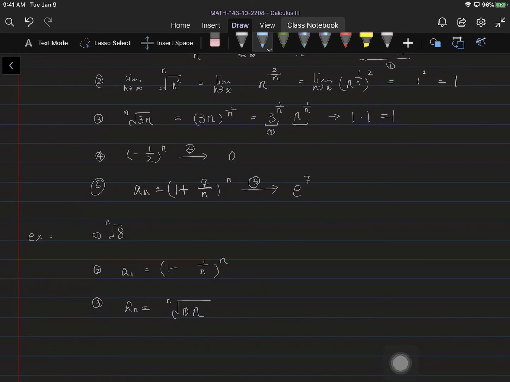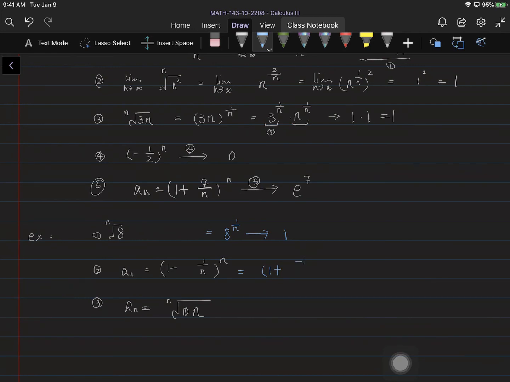The first one, the limit. Okay, I'm going to simplify: 8 to the 1 over n. And this is 8 to the 0 power, so the final answer is 1. The second one is different from our formula, right? But we can change this. In our formula it is always 1 plus x over n.